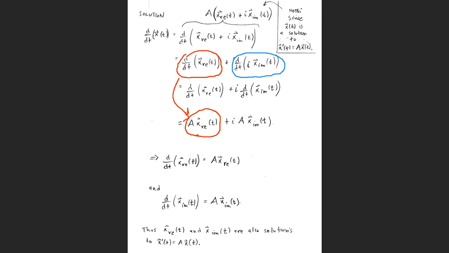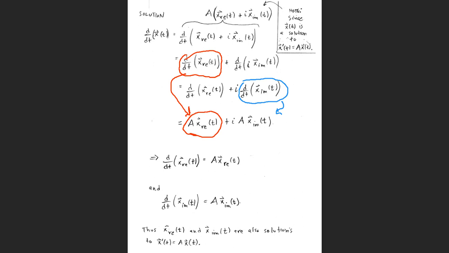Let me do this again carefully. This derivative vector would equal A times x real. This derivative vector here must equal A times x imaginary, because you're taking a complex vector, and it's equal to this complex vector there. So the components have to be equal.